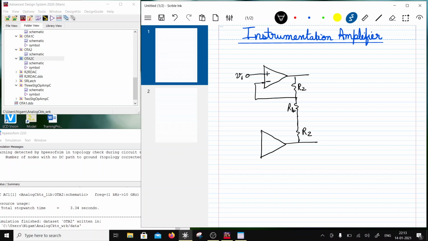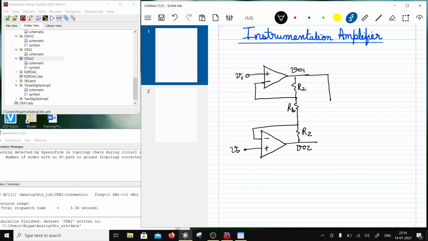Here is the inverting, non-inverting, and this one is connected over here, and this is V2, right? Now this is VO1, this is VO2. Now this is given to a difference amplifier.